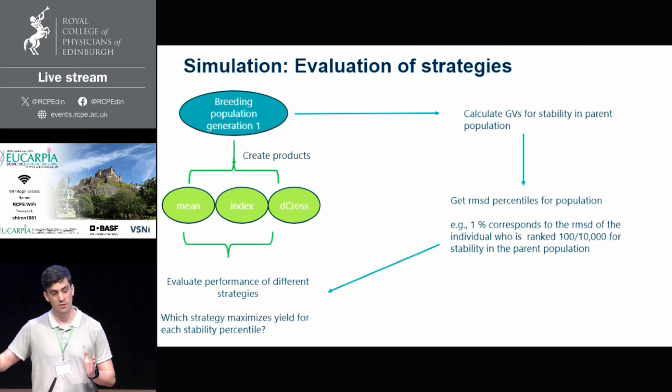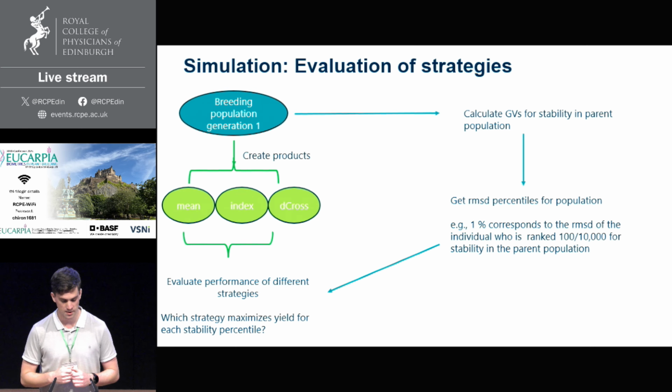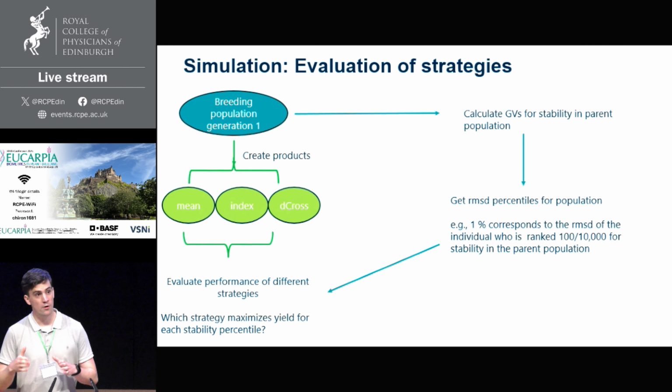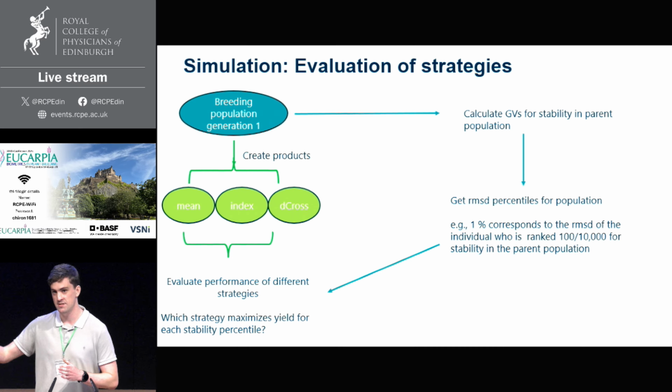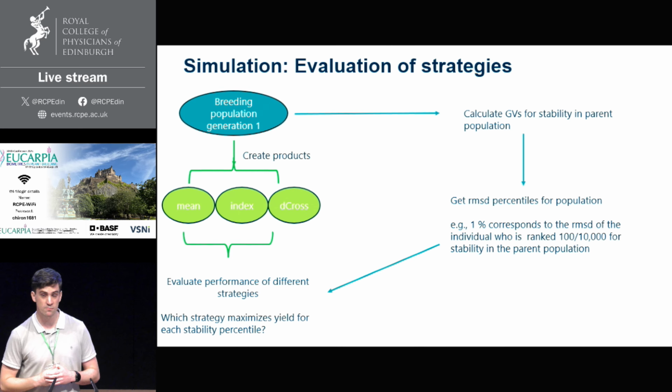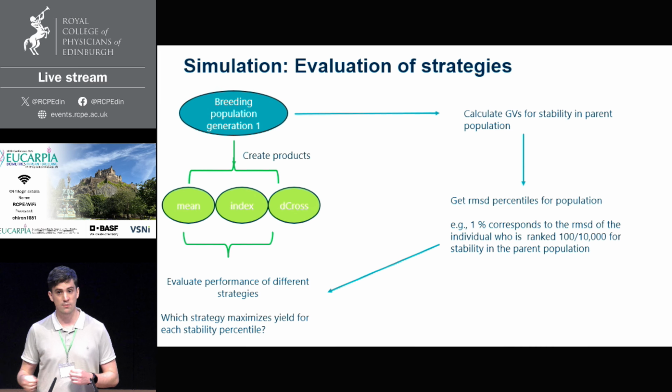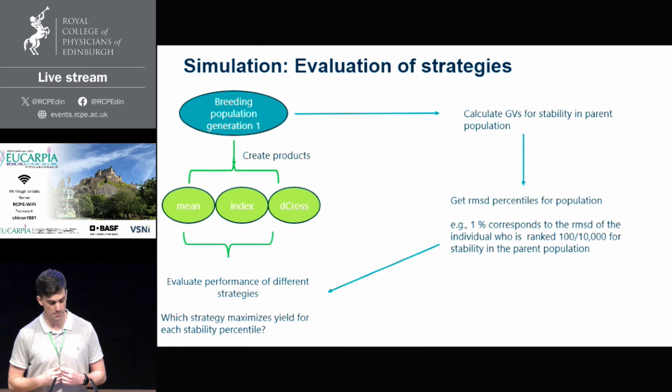And so then you can slice it up into different percentiles and say, I'm going to try and create a product that's in the top 1% for stability relative to the breeding population or the parental population. And so we can compare, for different criteria that we're aiming for stability, which strategy will maximize the mean performance given my requirement for stability.